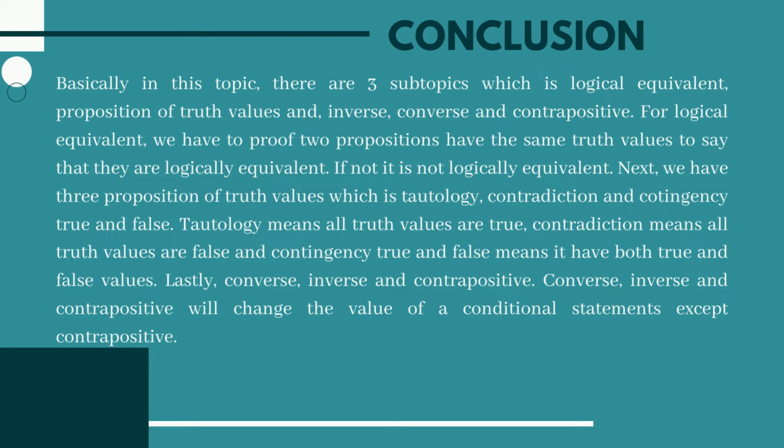Next, we have three kinds of propositions by truth values, which are tautology, contradiction, and contingency. Tautology means all truth values are true. Contradiction means all truth values are false, and contingency, true and false, means it has both true and false values.